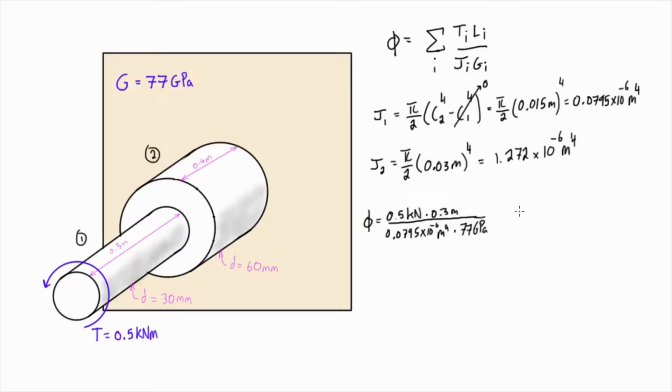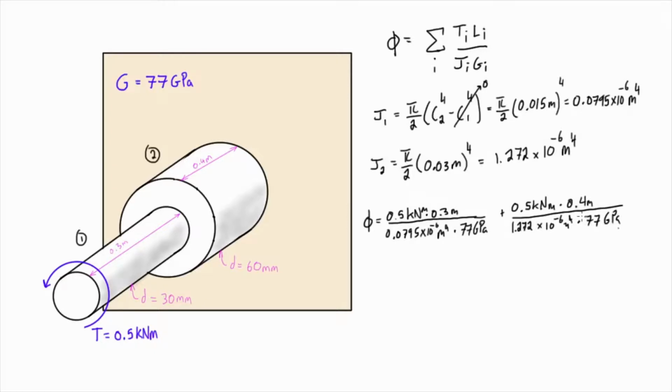Now we'll add in section 2. In section 2 we still have the same internal torque, 0.5 kilonewton meters, times the length, which is 0.4 meters, over JG for section 2, so 1.272 times 10 to the minus 6 meters to the power of 4 times 77 gigapascals.